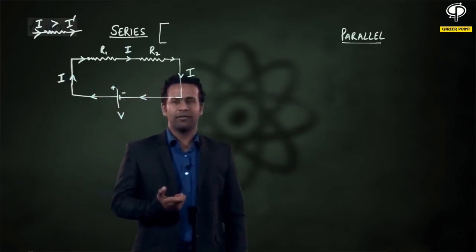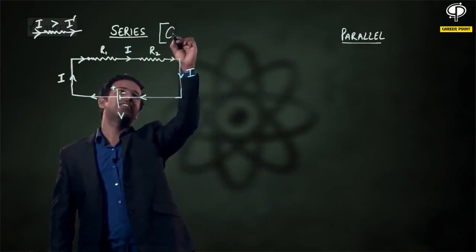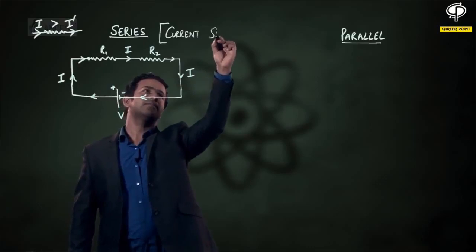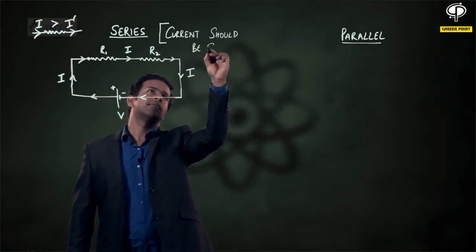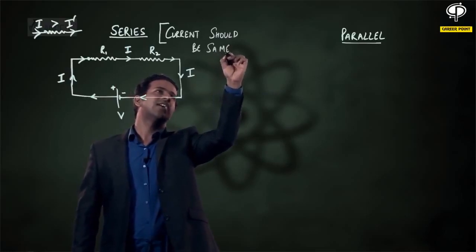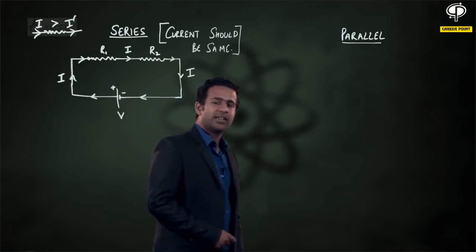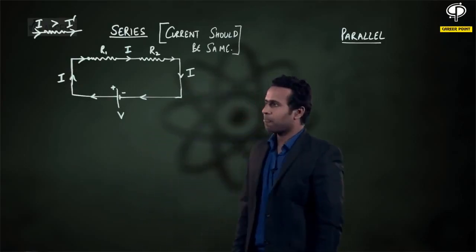So the requirement for two resistors to be in series is that current should be same. So two resistors are said to be in series if and only if the current through the two resistors is the same. Right.